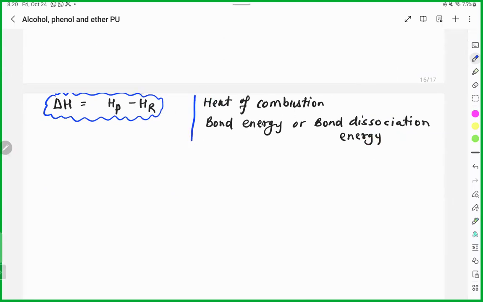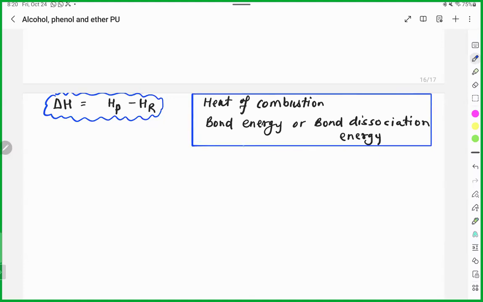But in these two cases, heat of combustion or dissociation enthalpy, if you calculate the change in heat, it will be reactant minus product. Samarth, you read the same thing in thermochemistry? Yes, sir. Any other energy, whether you take energy of formation, heat of formation, then neutralization, lattice energy, any kind of energy, you take product minus reactant, except these two.